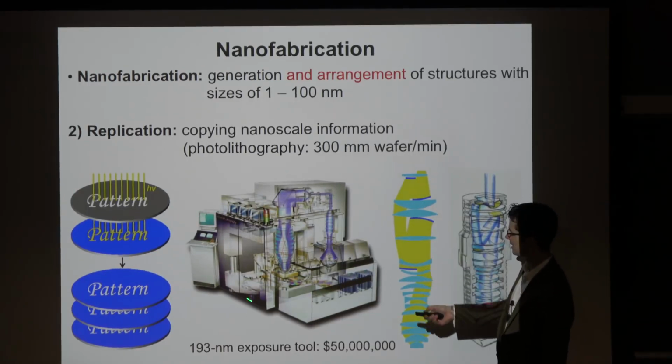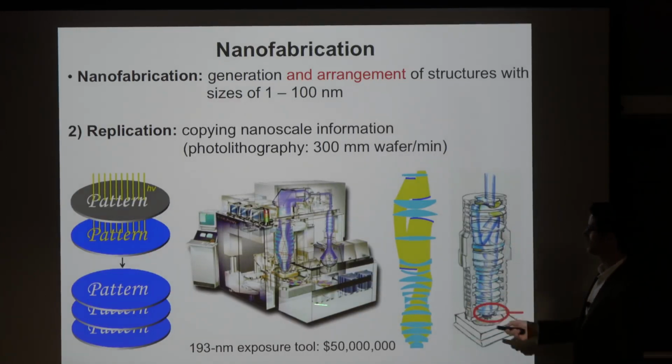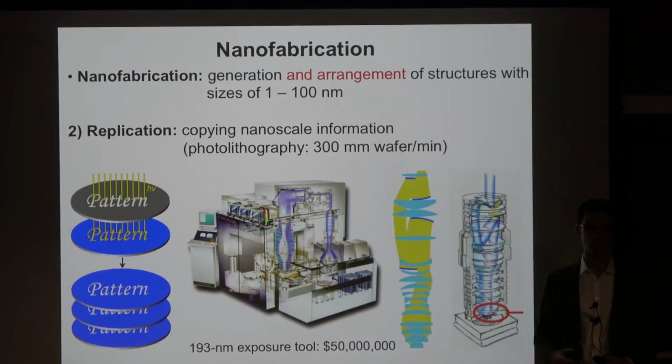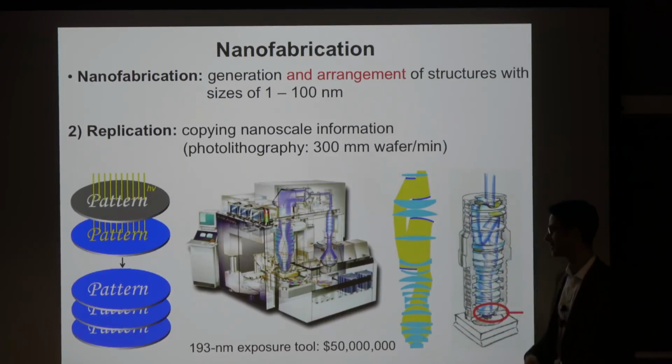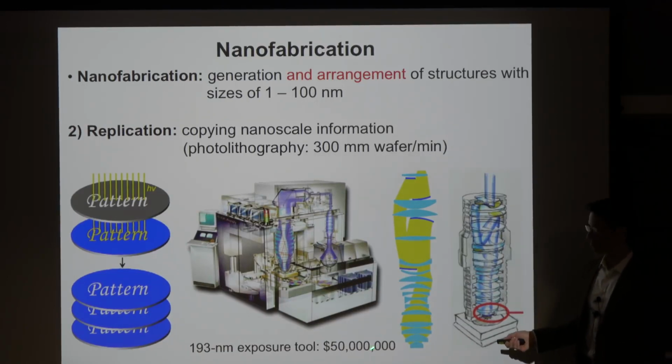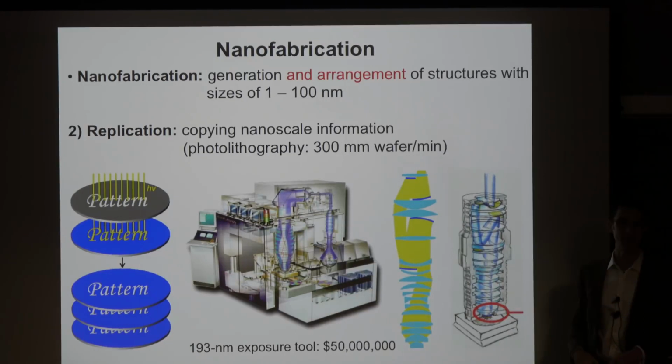This is a 193 nanometer exposure tool, like the one that you might find at Intel or Samsung or AMD, and these are really expensive, perhaps on the order of $50 million.